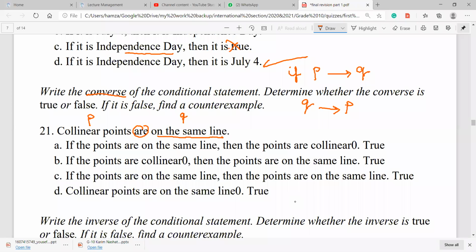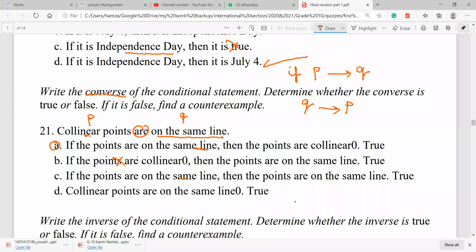Let's read that. If the points are on the same line, yes, then the points are collinear. So that's right. If the points are collinear, so this is wrong, guys, because he didn't change the places. If the points are on the same line, yes, starts with same line, then the points are on the same line.